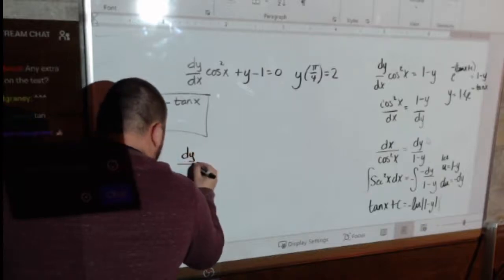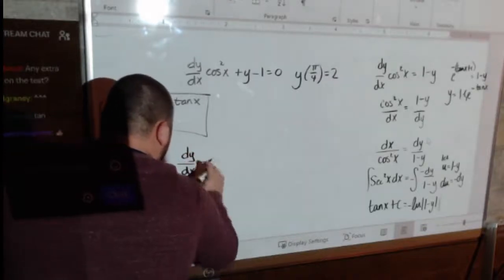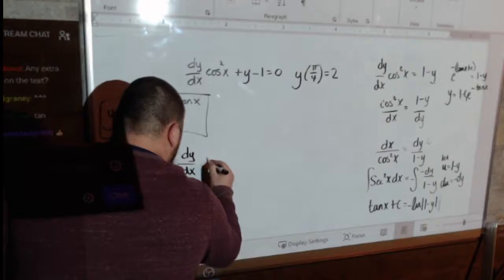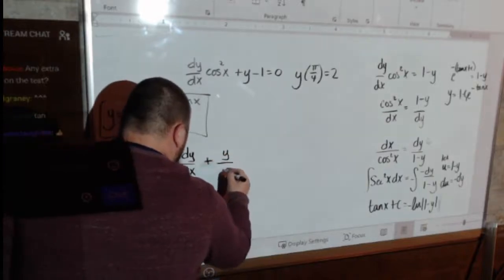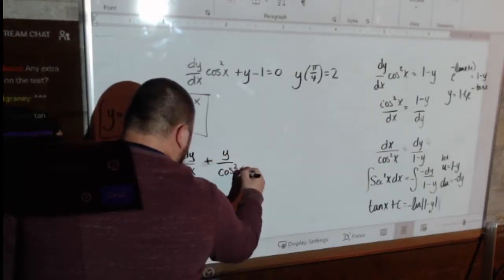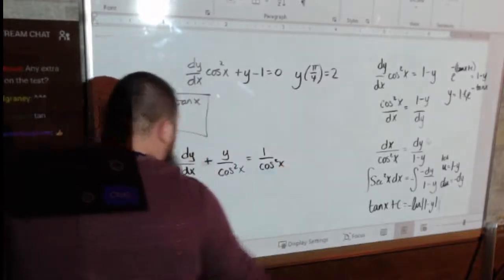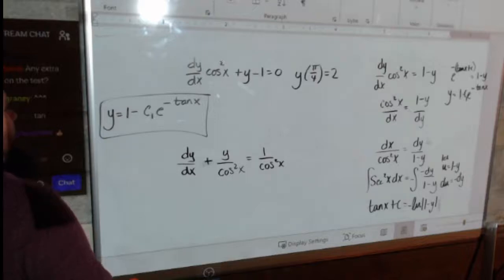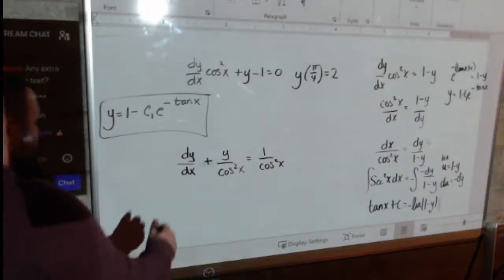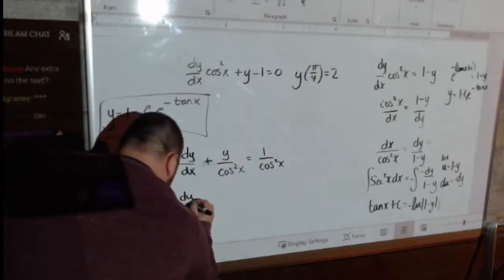So I would end up with dy dx plus y over cosine squared equals 1 over cosine squared. Now, of course, we all know that 1 over cosine squared is just secant squared. So let's rewrite it that way.